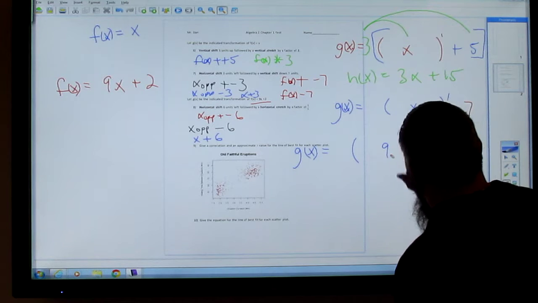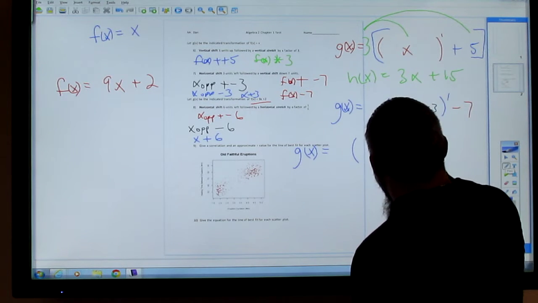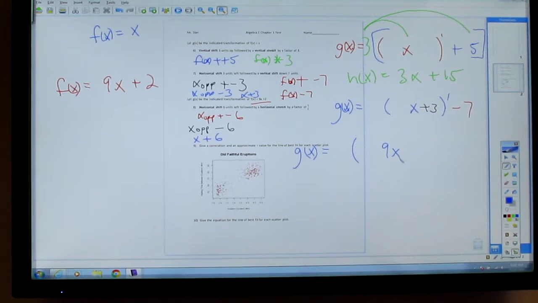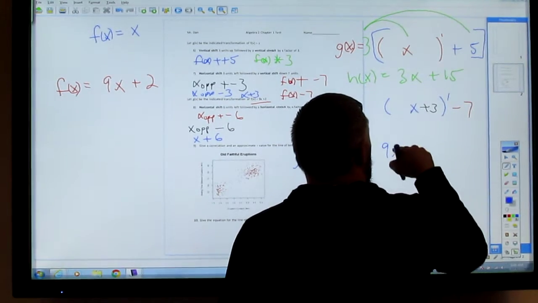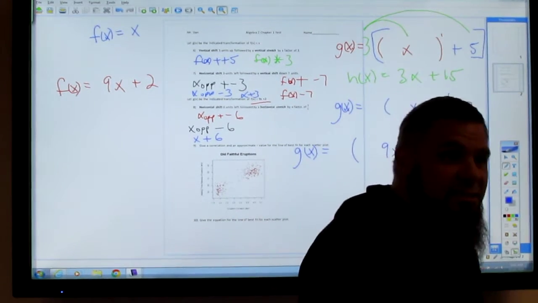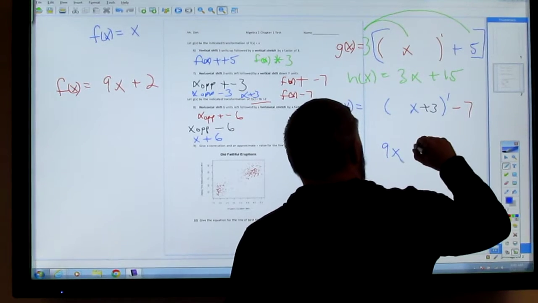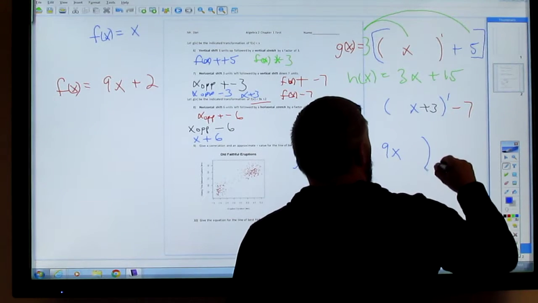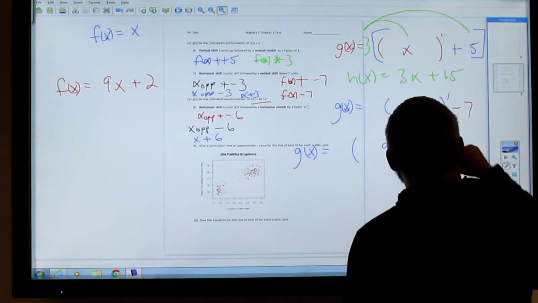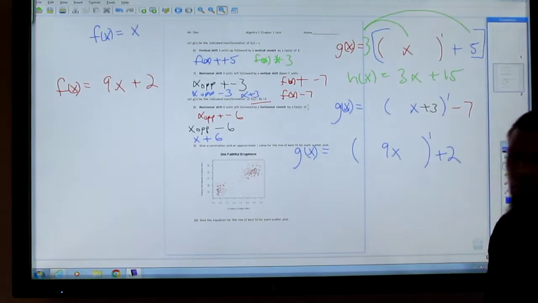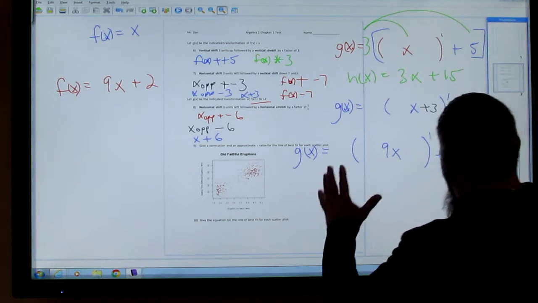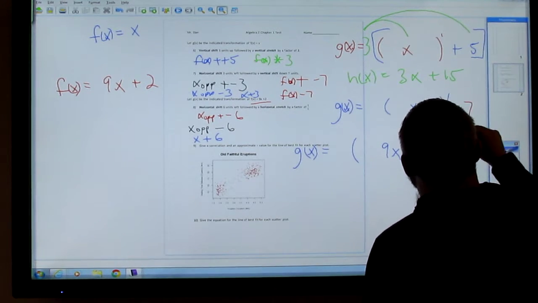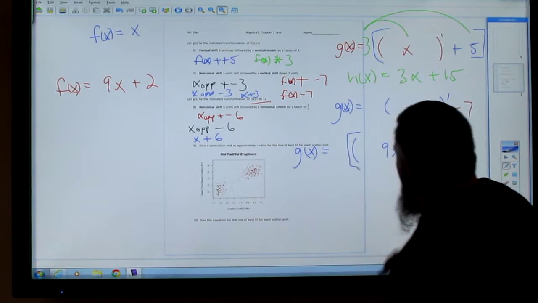Okay? Then I need a plus, yeah, the 9x. But then I need the space, and then the parentheses. Right? I need parentheses. 1. And then the plus 2. And then some space over here. So I can actually go, okay, this is the function now. Yeah? This is my function.